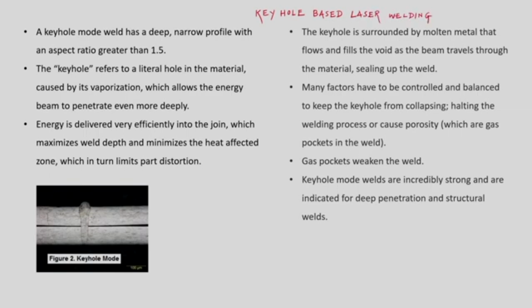Conduction mode is generally used to generate shallow weldments. Now consider we want to join two sheets or two parts which have sufficient thickness, around 15 mm or 20 mm thick sheets to be joined together.